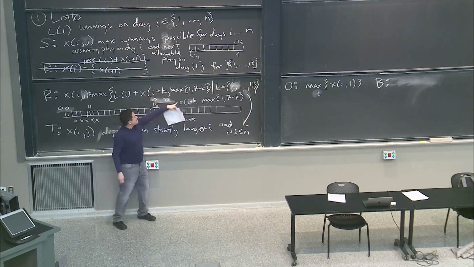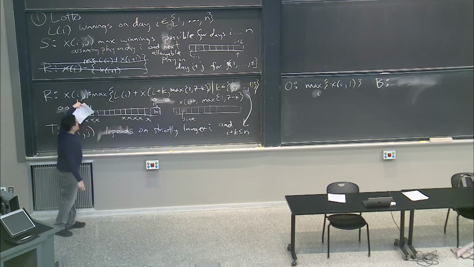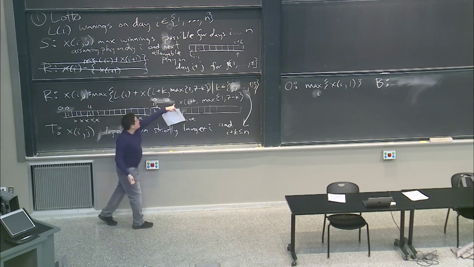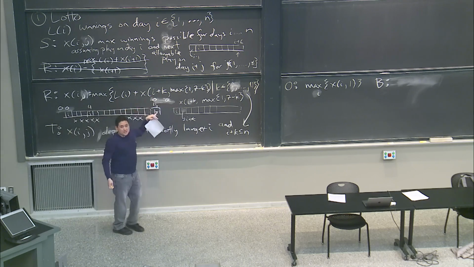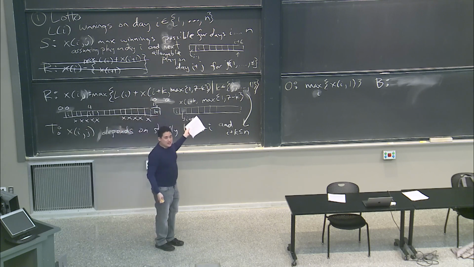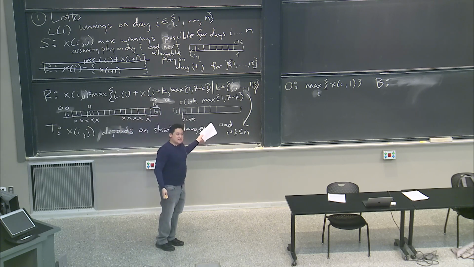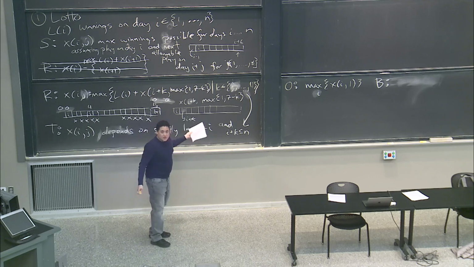But that means that when I call this on n, when I only have one lottery day left, this set will be empty. So what's the max over that thing? Max over an empty set, I don't know. I could add on 0 here. That's one way I could do it.